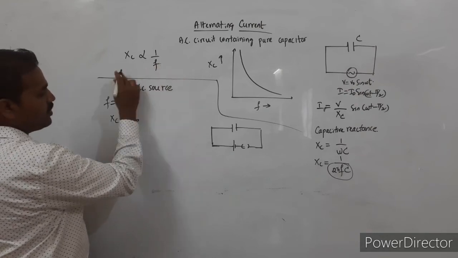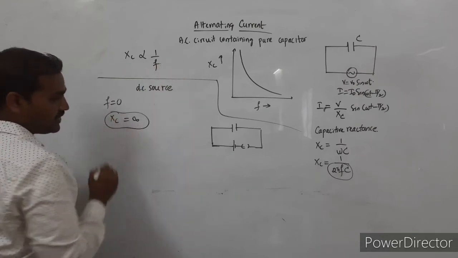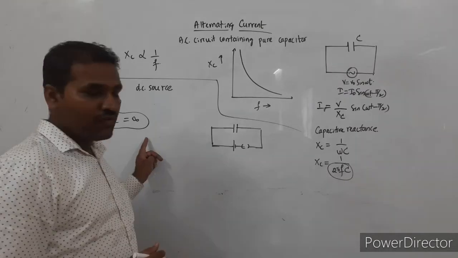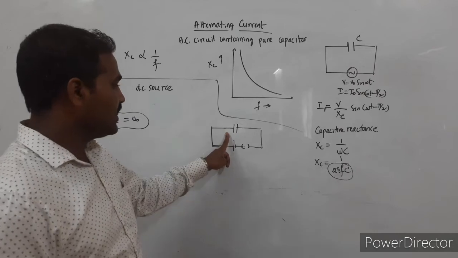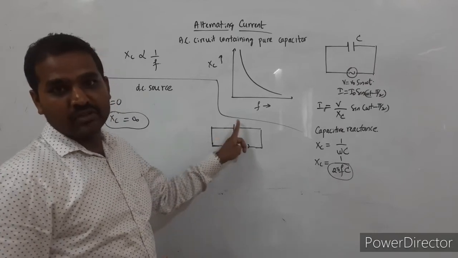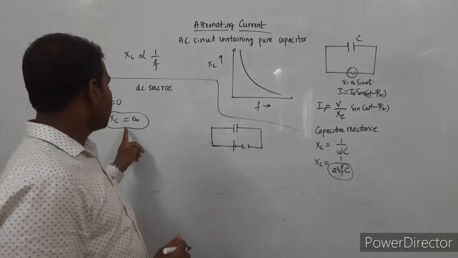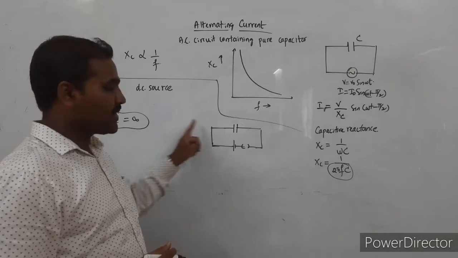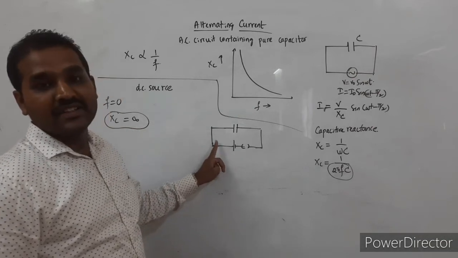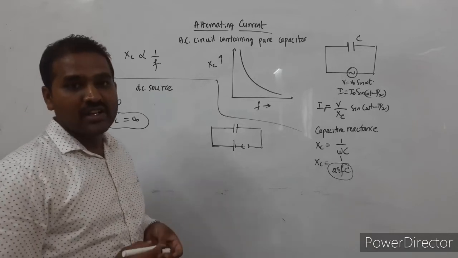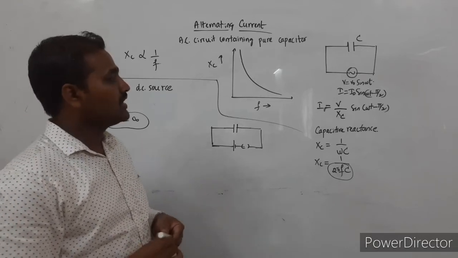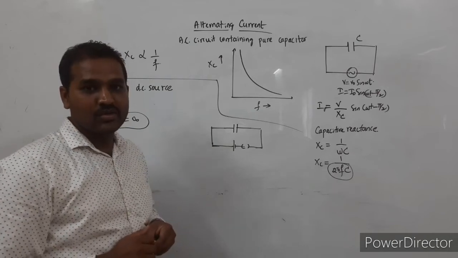When frequency is 0, XC approaches infinity. So for the DC circuit connected to the capacitor, there is no electric current flowing through the capacitor because the reactance of the capacitor for a DC circuit is infinity. Hence, there is no current flowing through the DC circuit when a capacitor is connected to the DC source of supply.